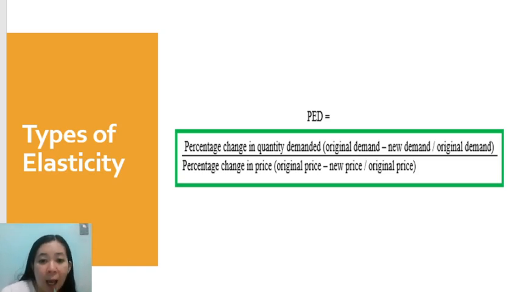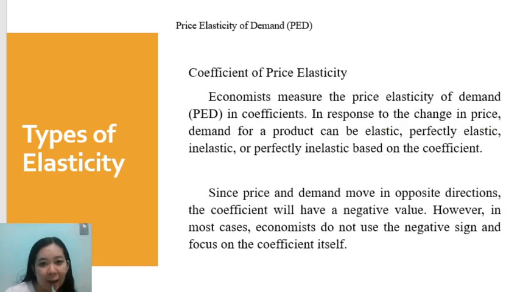This is how to solve for the percentage change: get the difference between the original and the new demand and then divide it by the original demand. That is the percentage change in quantity demanded as our numerator. We divide this by the percentage change in the price. That's how you compute for price elasticity of demand.